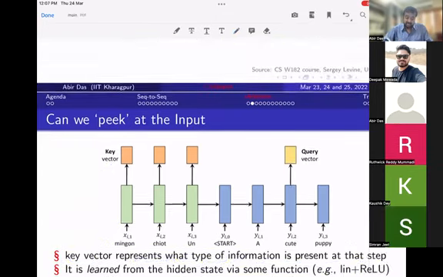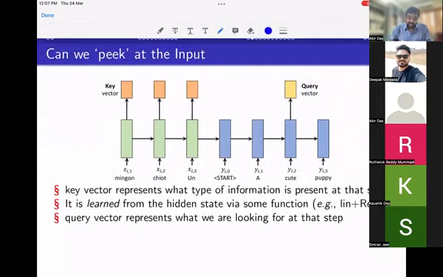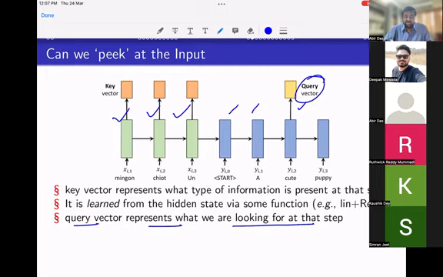Now during decoding, for each time step, there is a query vector, and that represents what we are looking for at that step. The key vector encodes what information is present in each of these time steps, and the query vector at a certain time step, say after it has already produced the first two words, might require some information from the source sequence.